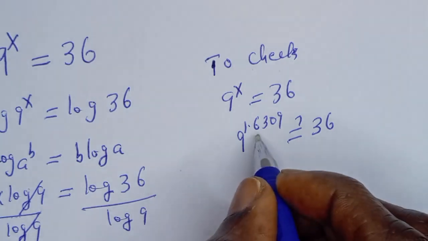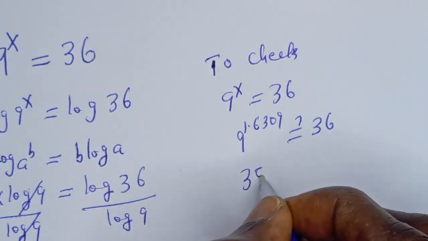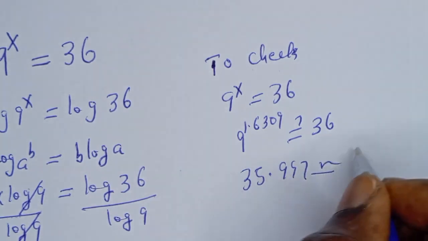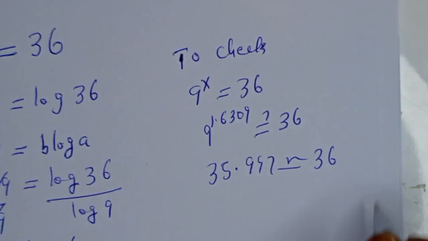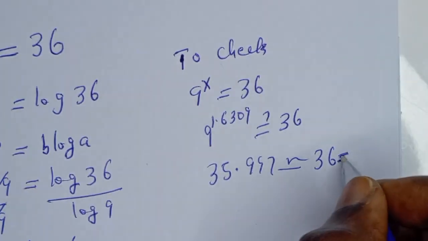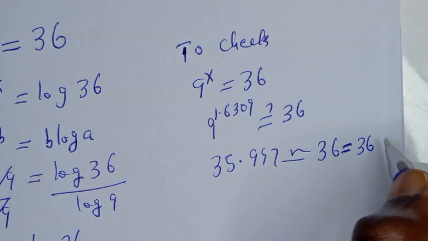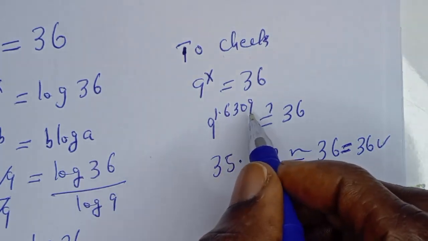Then 9 to the power of 1.6309, this is 35.997, which is approximately 36. So 36 is equal to 36, which is true at s is equal to 1.6309.